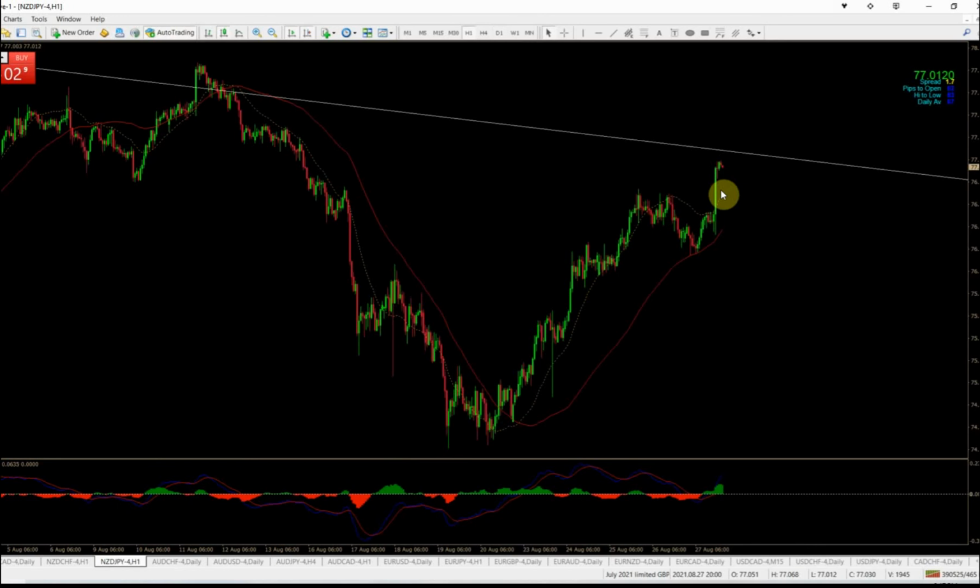So if you're taking entries anywhere from the hourly chart and lower, using these crossover strategies or whatever else you want to use, perfectly fine to do. If it also coincides with the daily trend, even better.